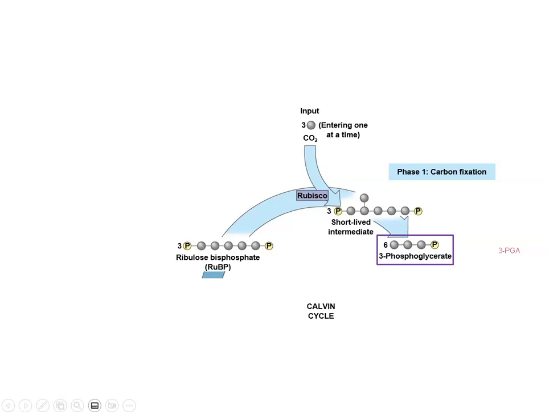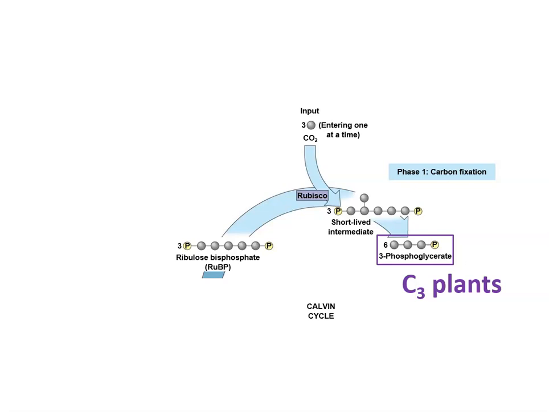Just a side note that will be relevant for a later discussion when we talk about different kinds of plants based on their photosynthetic strategies. This particular version of the Calvin cycle applies to C3 plants. C3 plants are plants like rice, wheat, and soybeans, and they're called C3 plants because of this molecule 3-phosphoglycerate.